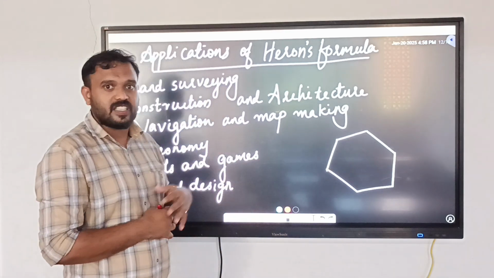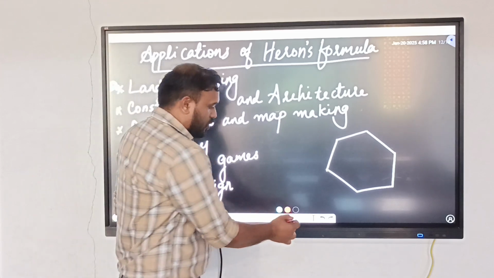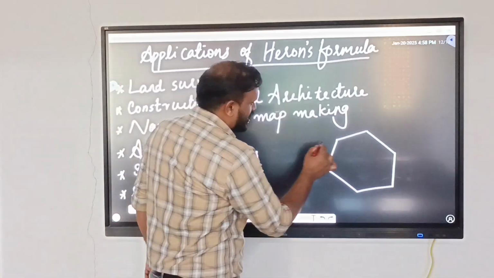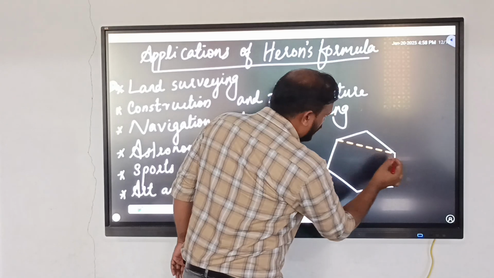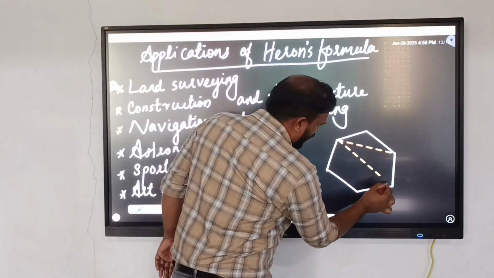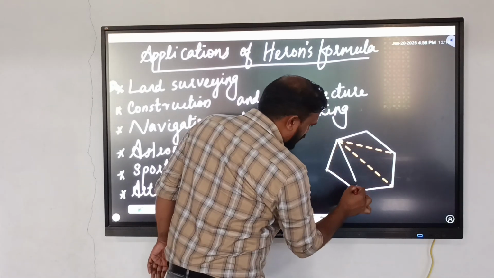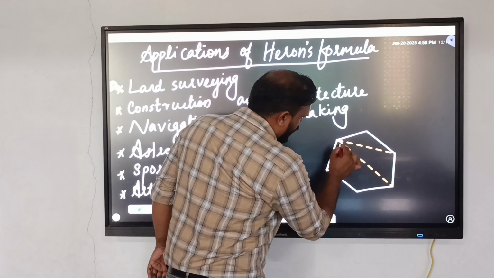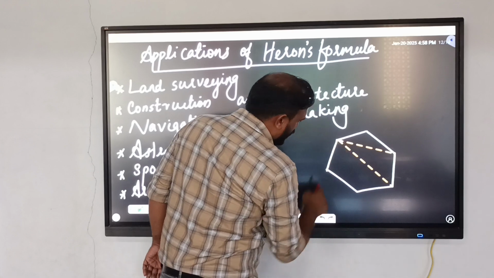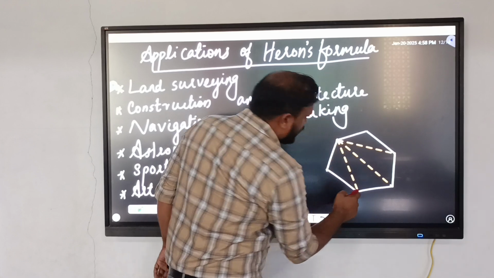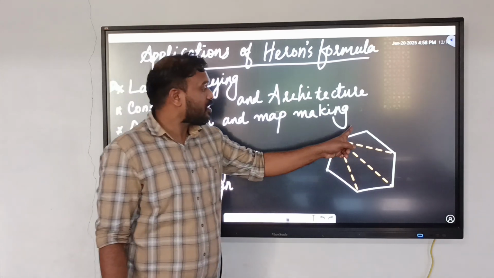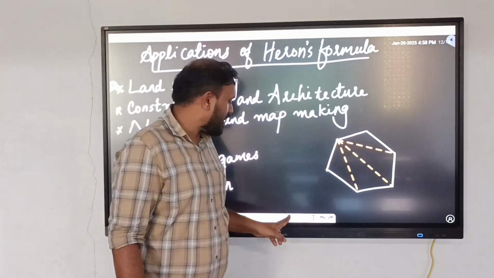So in such cases, what will they do? They will divide this land into triangles. See here one triangle, here another triangle, here another triangle. They will divide this land into triangles and they will measure the length of each side.